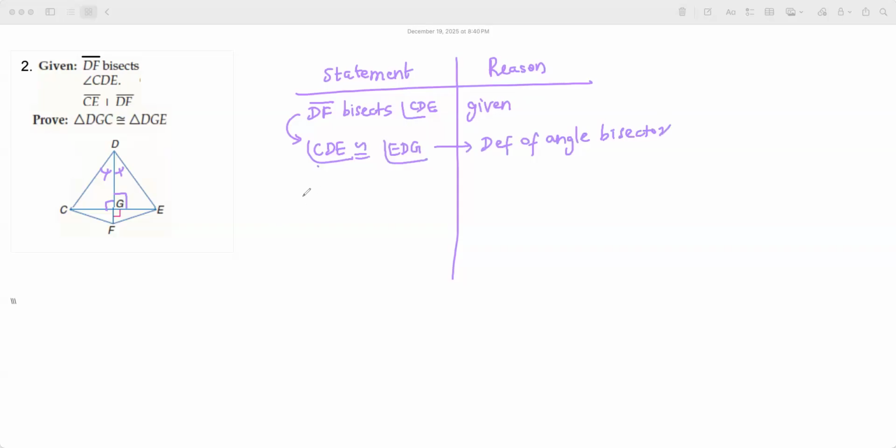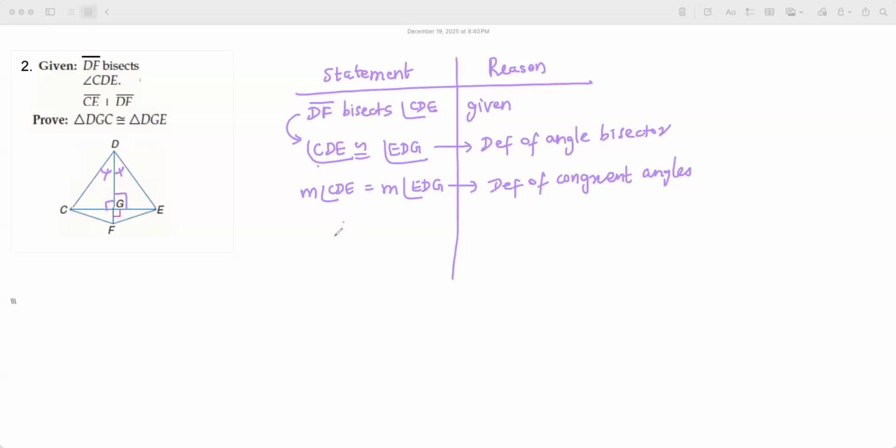Then you could put CE is perpendicular. Measure of CDG is equal to EDG, definition of congruent angles. Go ahead. CE is perpendicular to DF.